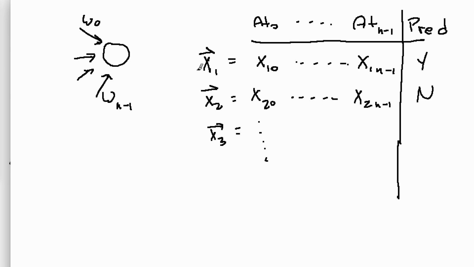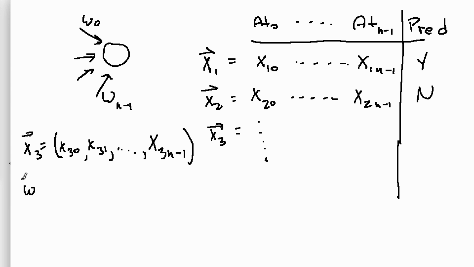So in other words, one way I could describe vector x3 is that it's equal to this tuple: x3,0, x3,1, all the way up to x3,n-1. Likewise, when we talk about the weights over here, we can have what's called a weight vector, and that's equal to W0, W1, all the way up to W sub n minus 1.